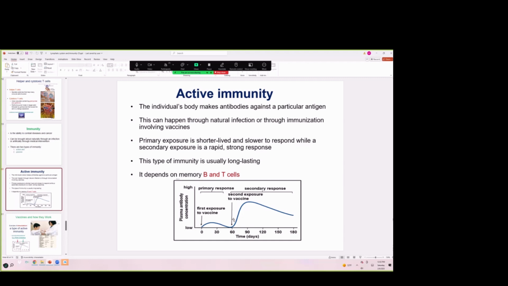Because of their numbers, they will go into clonal expansion, and many of them start making antibodies very quickly. So within, say, the next 15 days or so, the concentration of antibodies in our plasma, which is the liquid portion of blood, rises very quickly.